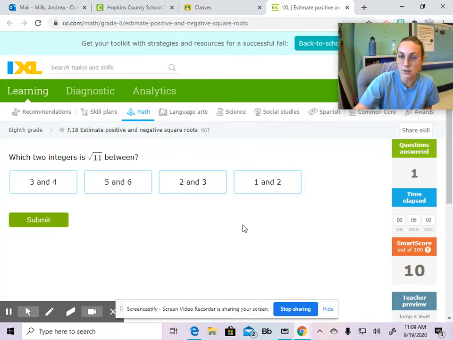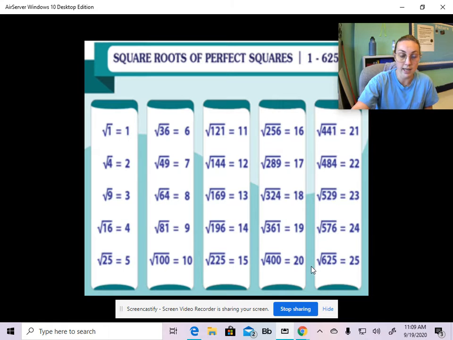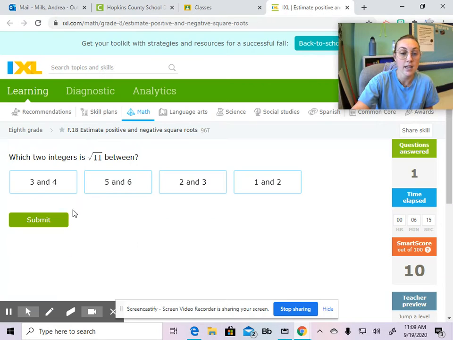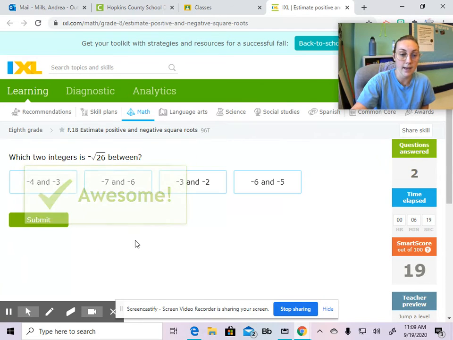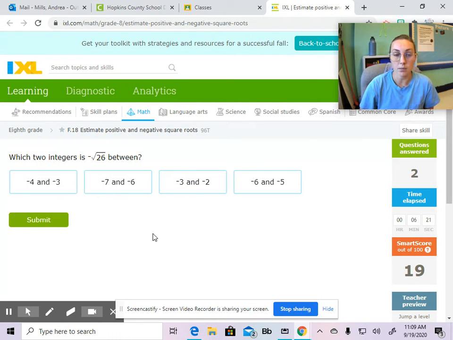So then what about the square root of 11? Well, we can go back to whatever notes page you are looking at, and the square root of 11 would be in between the square root of 9, which is 3, and the square root of 16, which is 4. So we can go back to that IXL, and we know it would be in between 3 and 4. Let's click that. Okay, now we have a negative number.